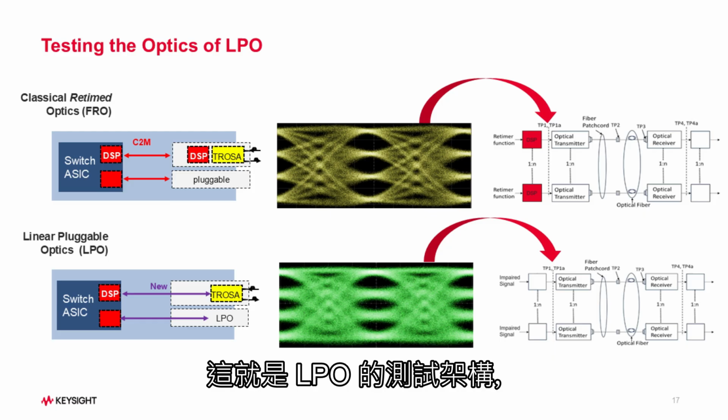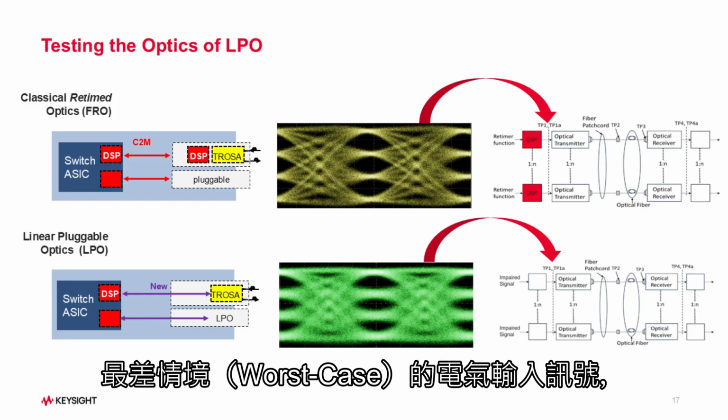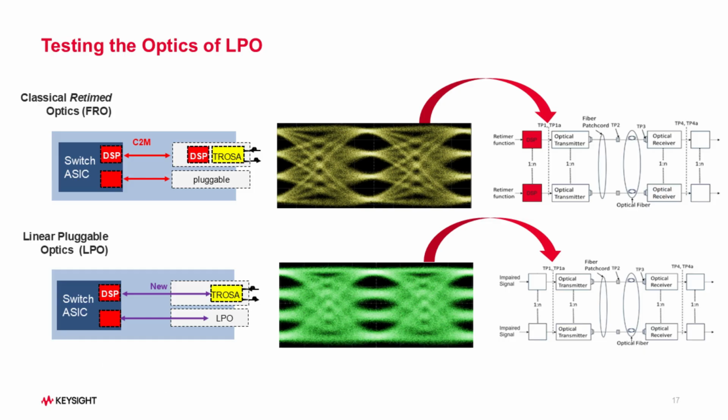This is what the test diagram for testing LPO looks like, because we need to have a precisely calibrated worst case scenario input electrical signal generated and input to this module.